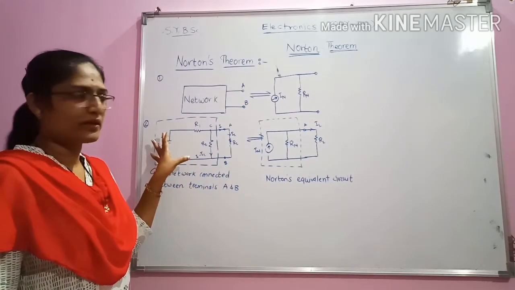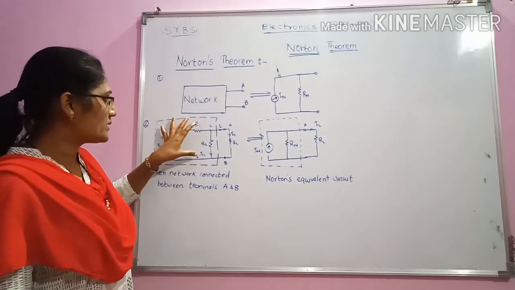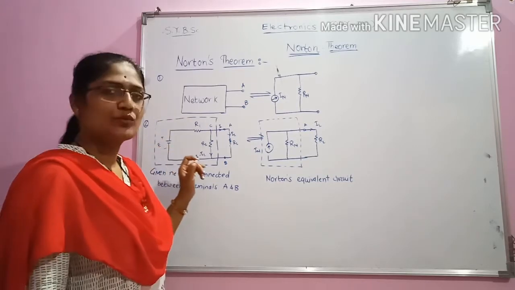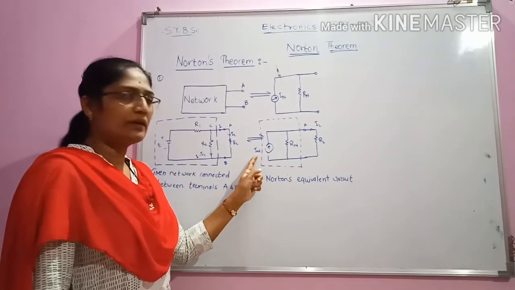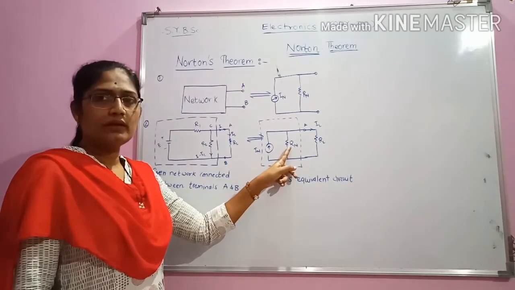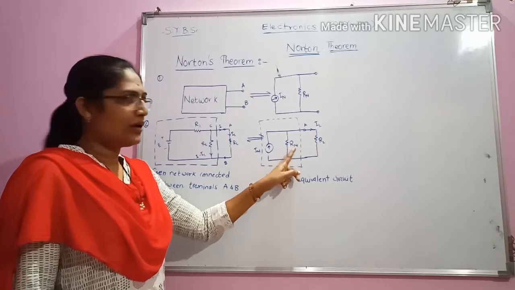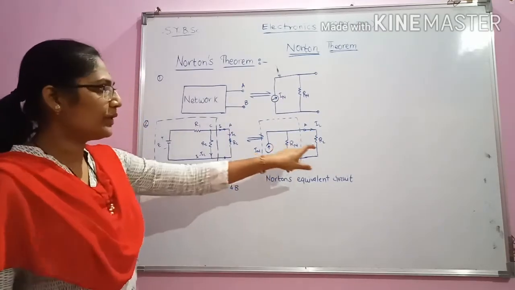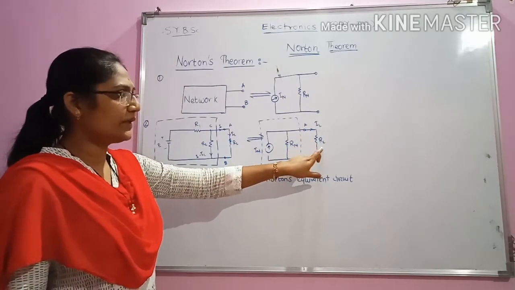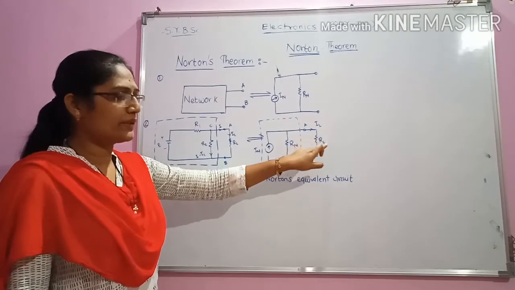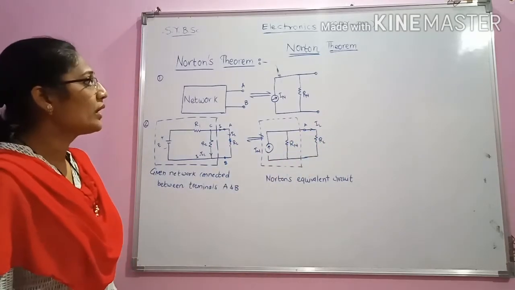This is a normal circuit, and now we will replace R1, R2 and E, that is the EMF source, by a single constant current source IN and a single resistance Rn, which are parallel to each other. And in this circuit, there is a load.